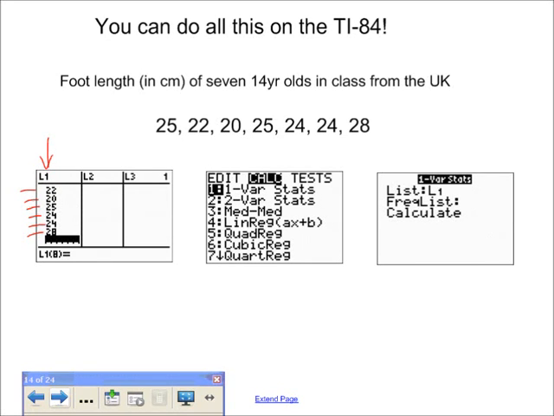Then when you go to calc, and you should remember this from finding our line of regression, our quadratic regressions, all those things, the very first option is one variable stats. And if you choose that, this menu comes up. And it's saying, hey, we'll do the stats on L1, ignore frequency for now, that's not going to be something we use here. And so we would just select calculate.